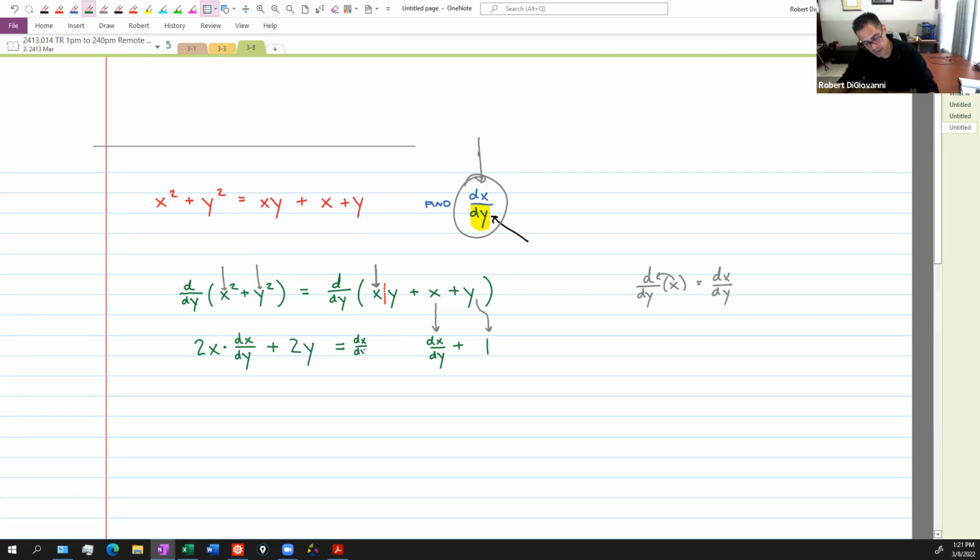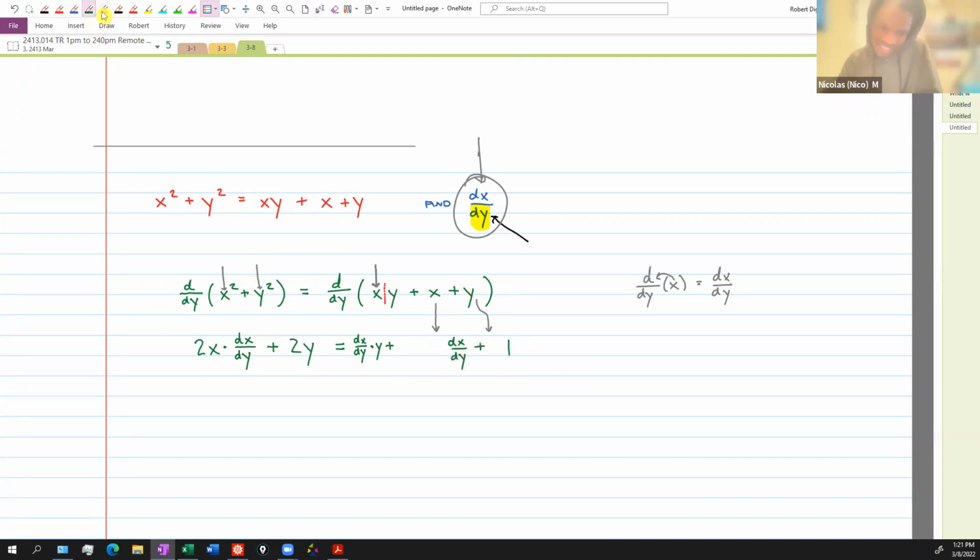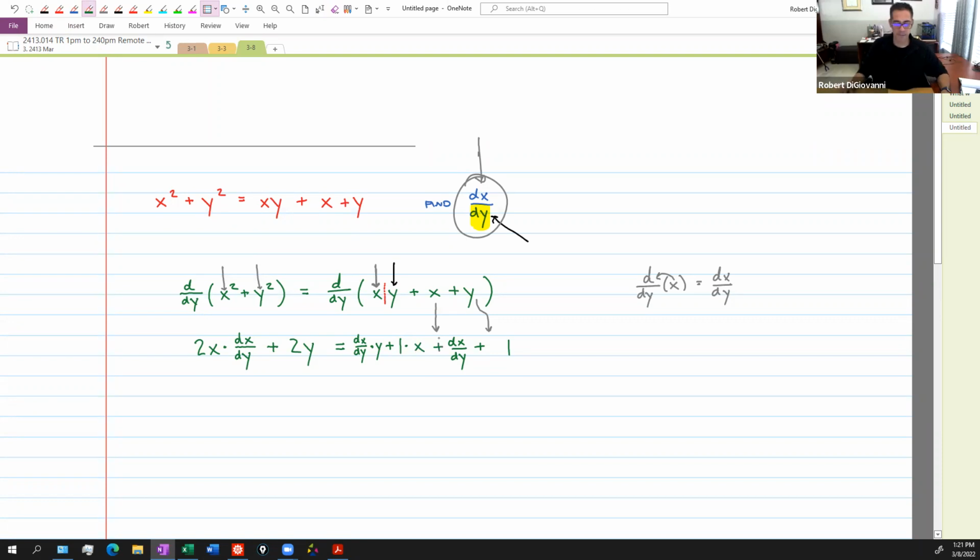Good, now times the second one, which would be y. And then plus, I'm going to need a little more room, plus now take the derivative of y with respect to y, 1, times x. And then we have the plus sign.